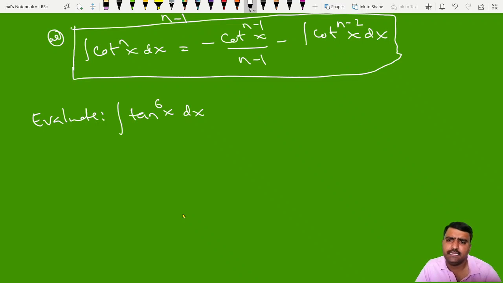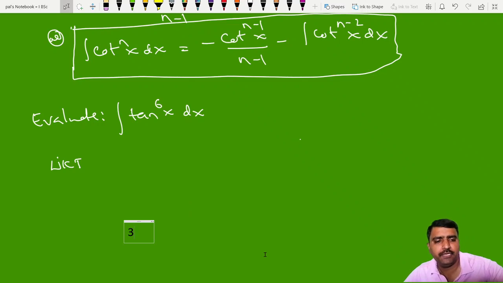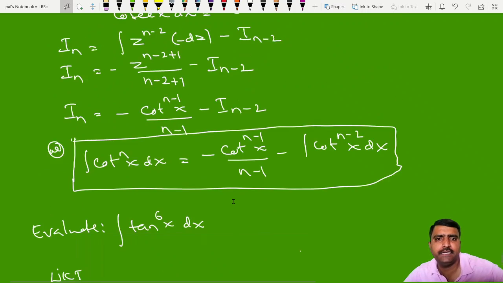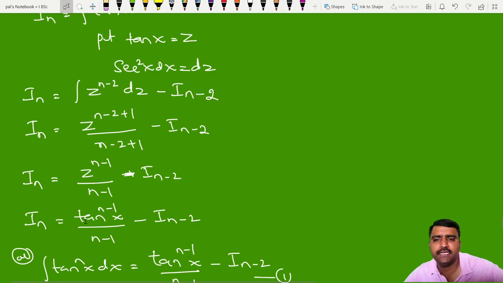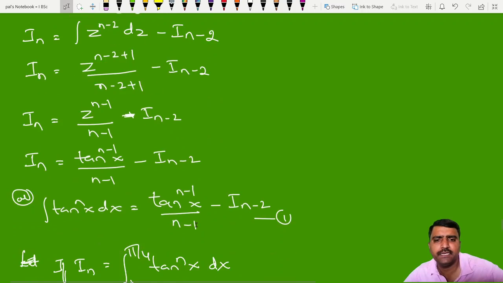To evaluate this integral, we know that in is equal to integration of tan to the power of nx. To evaluate this, you take the formula for integration of tan to the power of nx, without limit. So you take this, in is equal to tan to the power of n minus 1x by n minus 1 minus in minus 2.